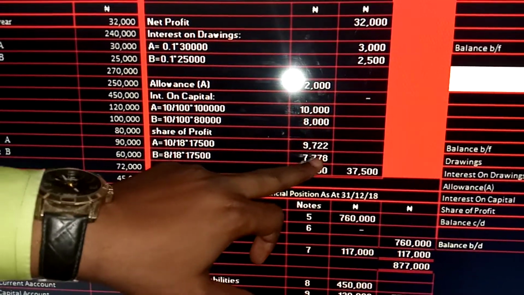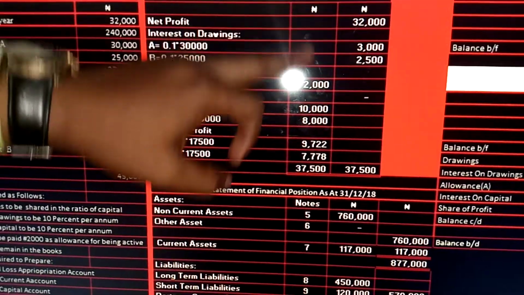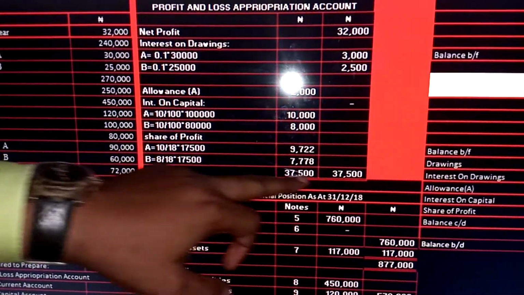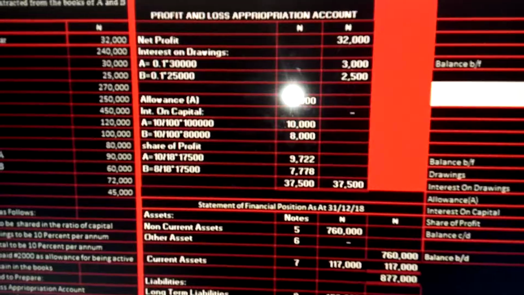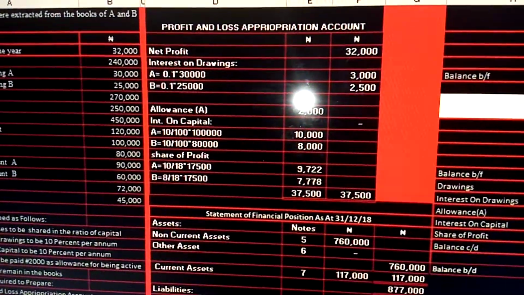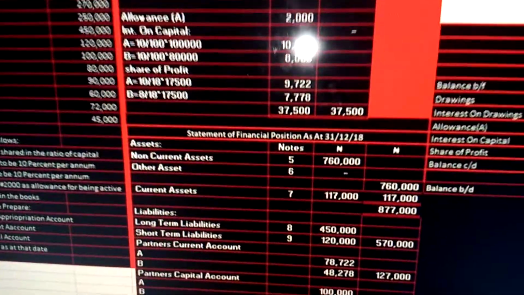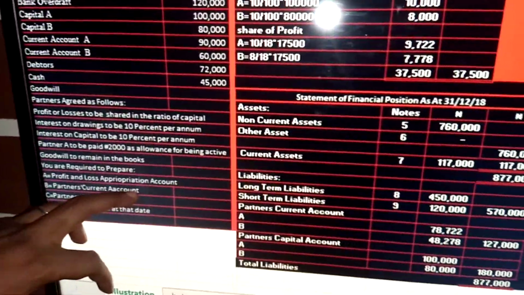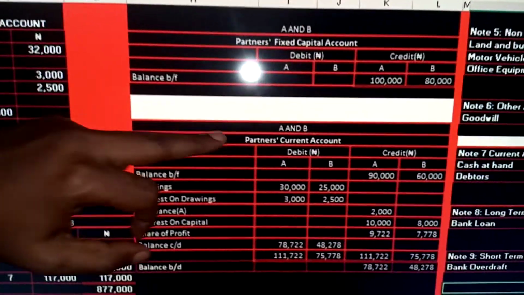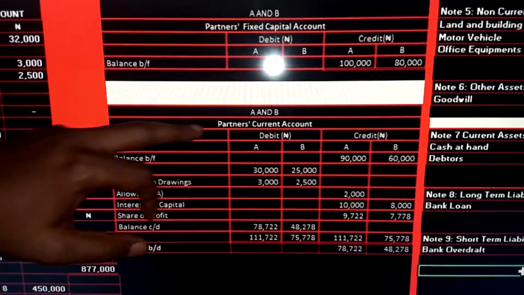That gives us 7,778. When you add all together, it agrees. So it means that the profit remaining has been shared among the partners. The next one says partners' current accounts. So let's go. This is the partners' current accounts.